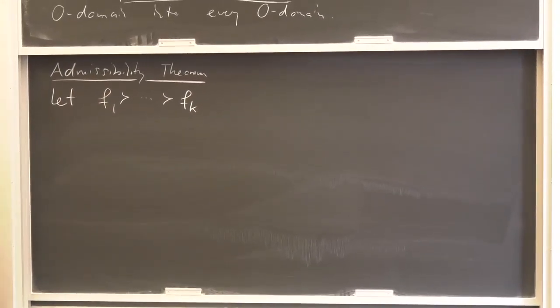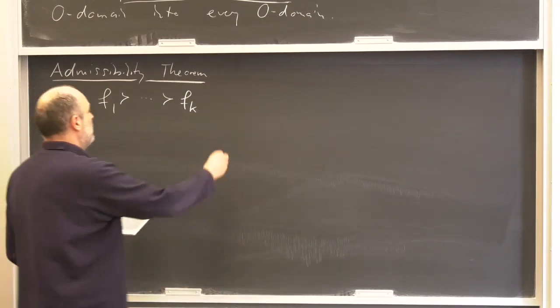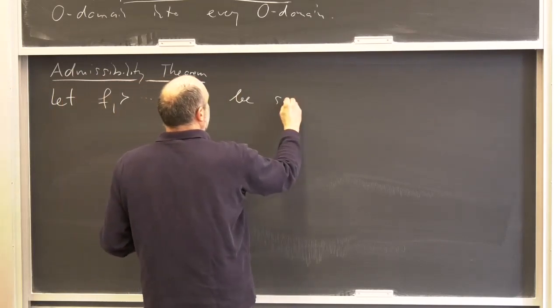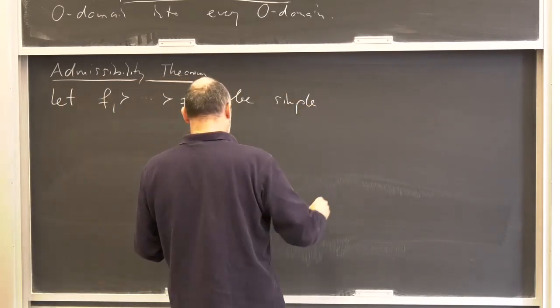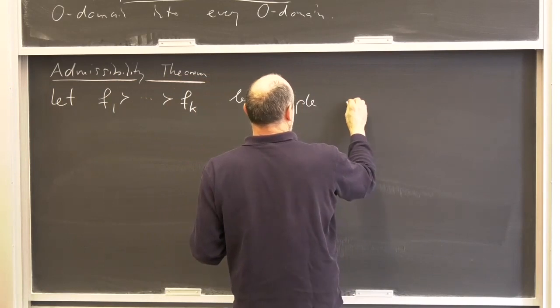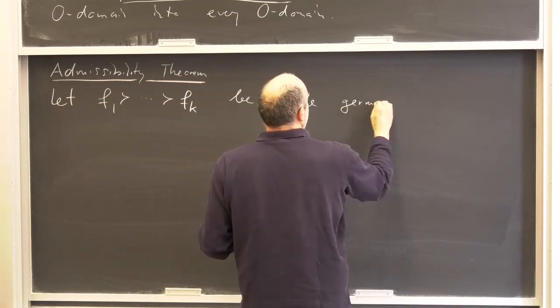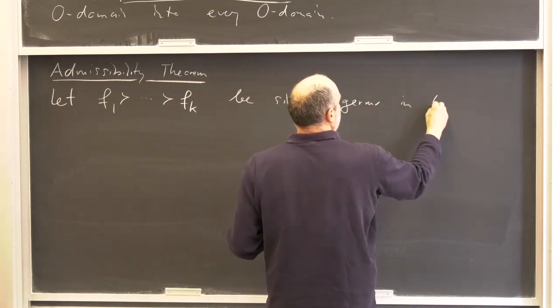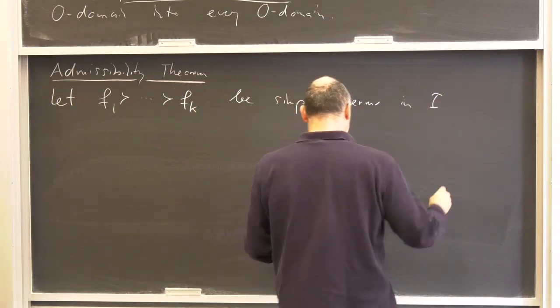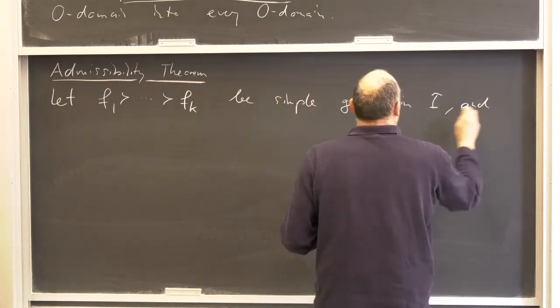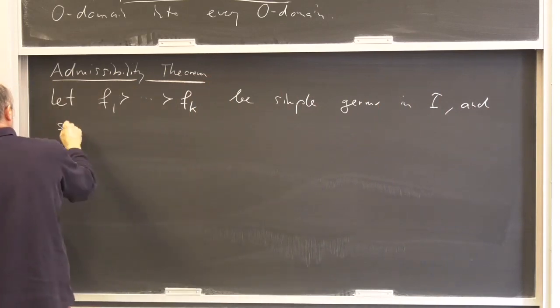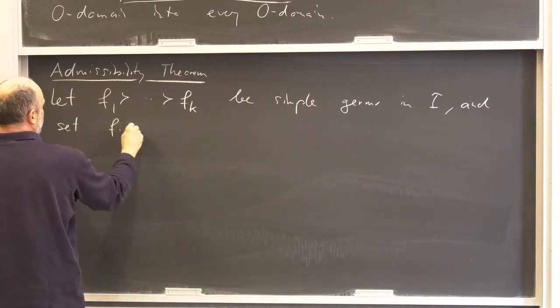So let's say they're not just ordered by the usual ordering, but by the domination ordering. Let them be simple again, terms in I, so infinitely increasing. I'm going to write F for the tuple.